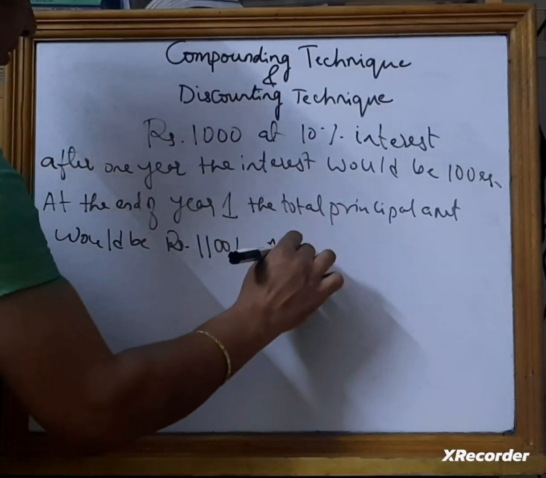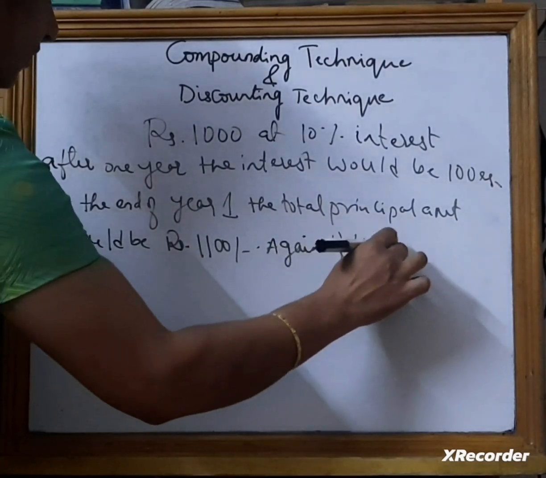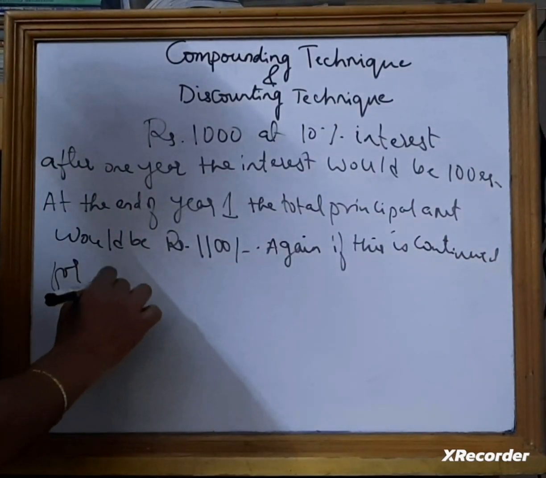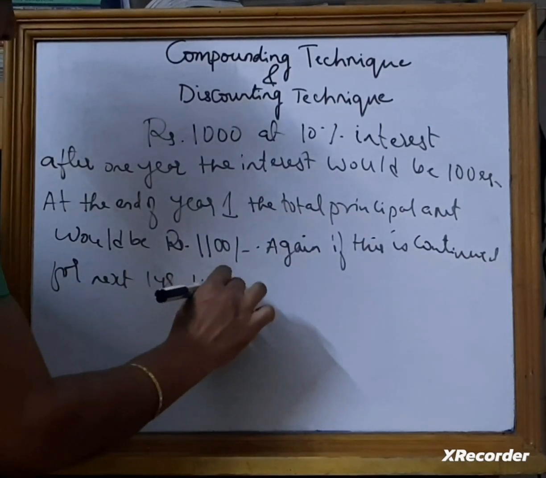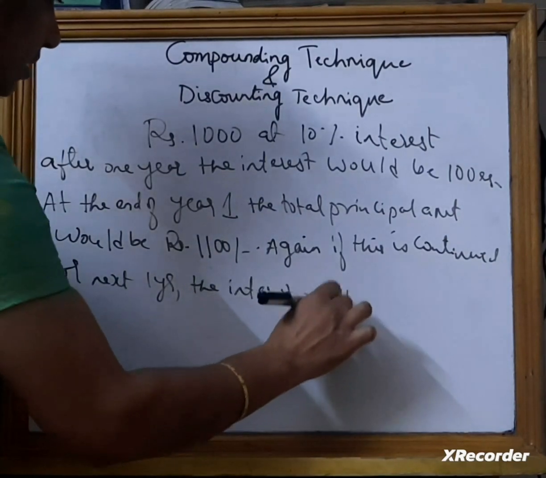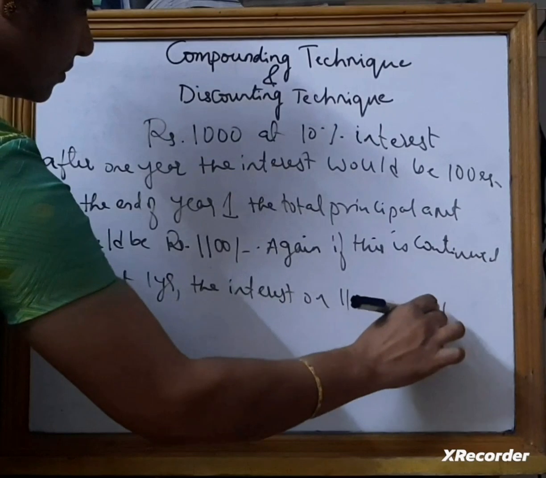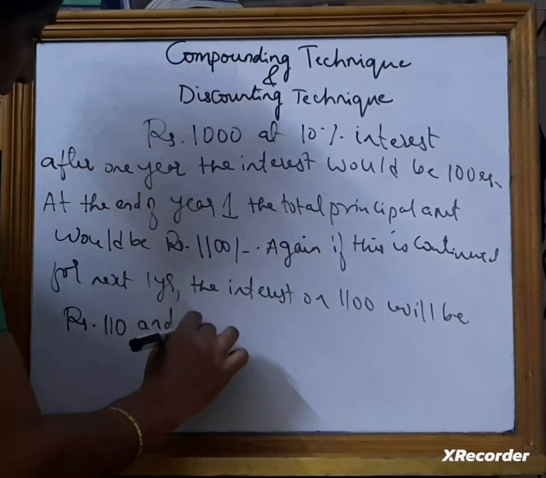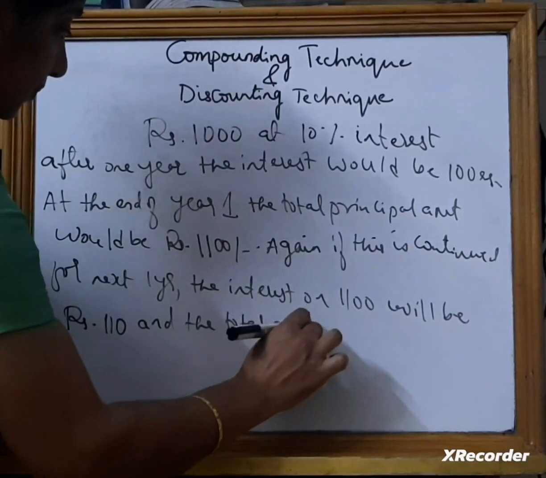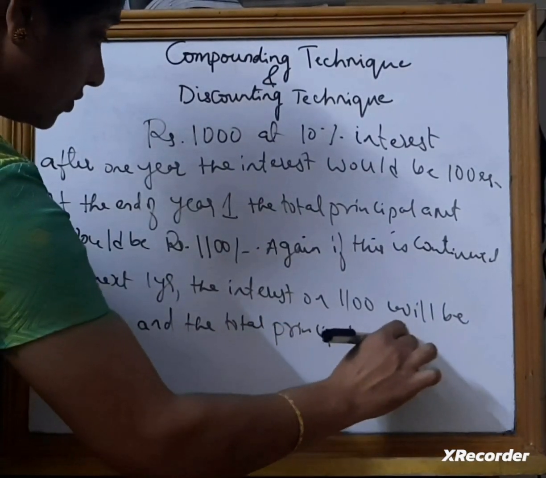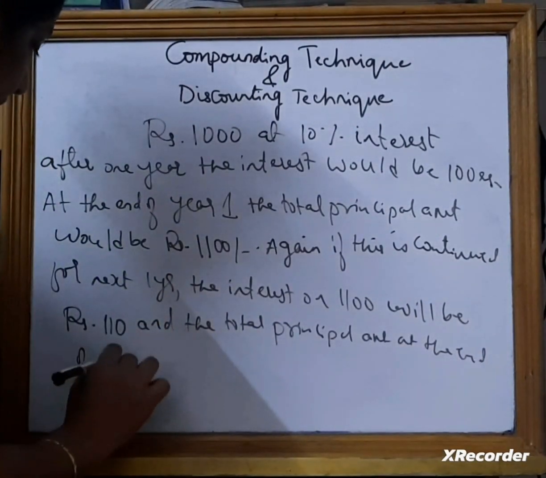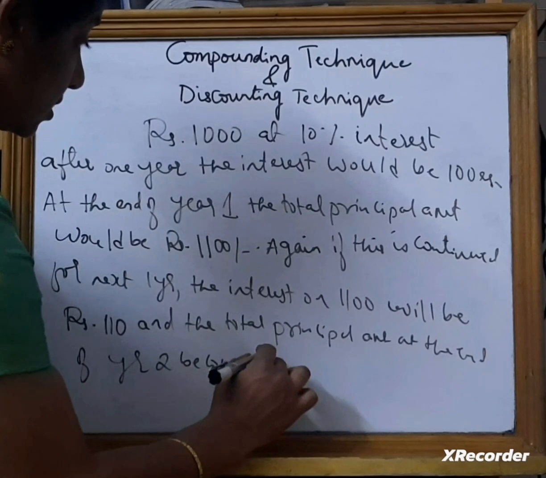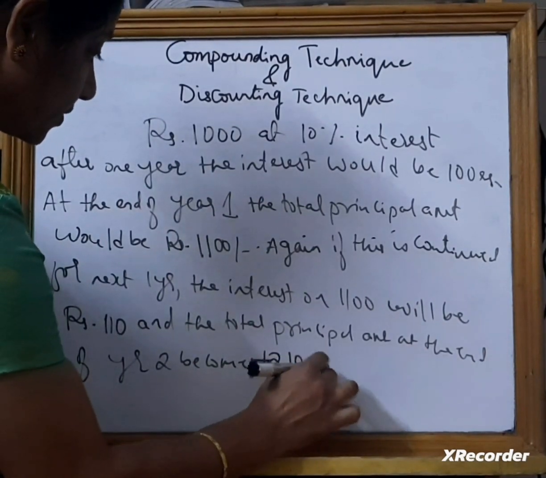Again, if this is continued for the next 1 year, the interest on 1100 will be rupees 110, and the total principal amount at the end of year 2 becomes 1210 rupees.